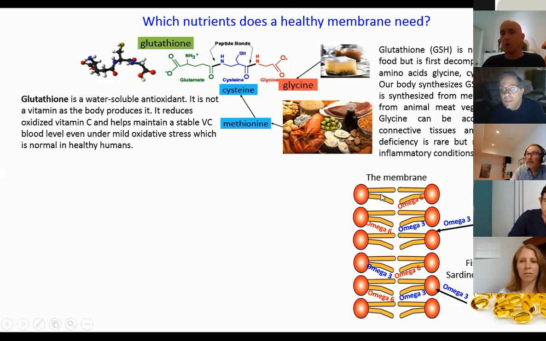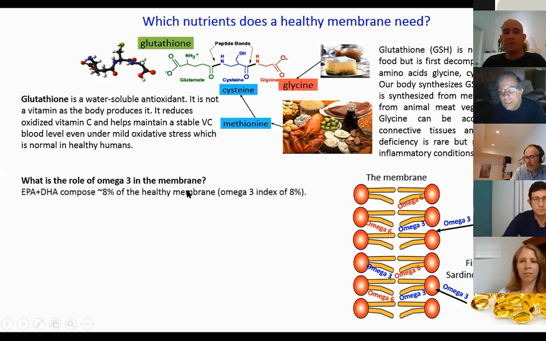And the last nutrient is the omega-3. And what is the role of omega-3 in the membrane specifically? So a healthy person has about 8% EPA and DHA in their membranes. It can be a bit more, a bit less, depends how healthy, or depends on the tissue, but this is the average.